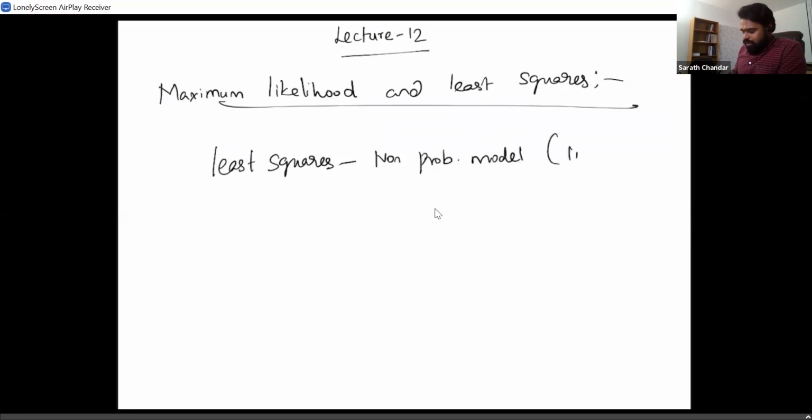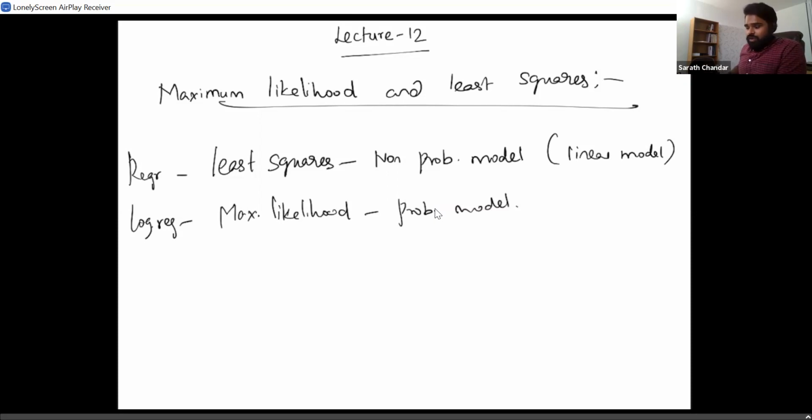It was a simple linear model, just wx plus b. And in the case of logistic regression, we were doing maximum likelihood. So let's call this regression, and this is logistic regression. We are doing maximum likelihood with a probabilistic model.